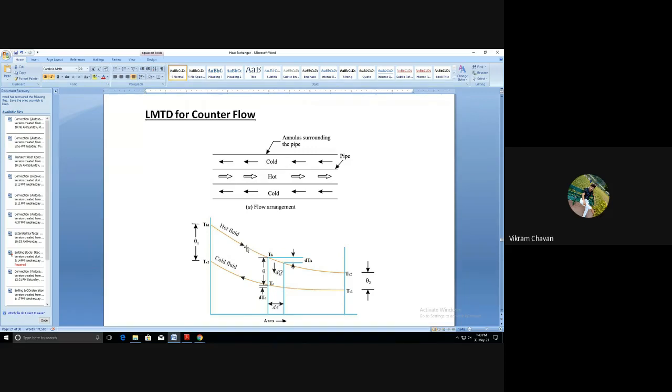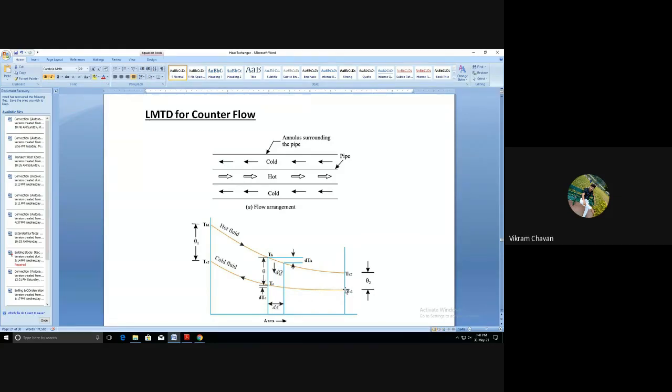The hot fluid direction is this one. The arrow is shown here, and by this arrow the hot fluid is flowing in this direction, whereas the arrow of the cold fluid is opposite to the hot fluid. So the cold fluid enters from this side, where we have provided the inlet temperature TC1, and it is flowing opposite to the hot fluid.